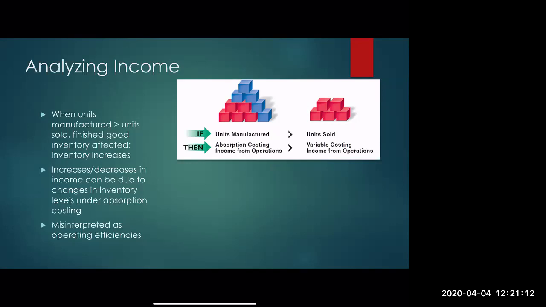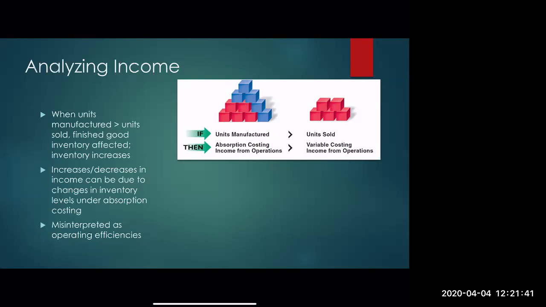The last part states managers and supervisors from different organizations must be careful in how they interpret their income from operations under both methods, because it's very easy and very misleading to think, oh, I manufactured more goods, therefore I have more income.